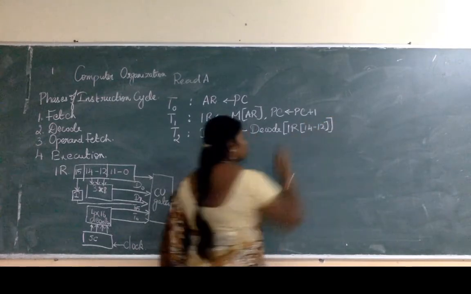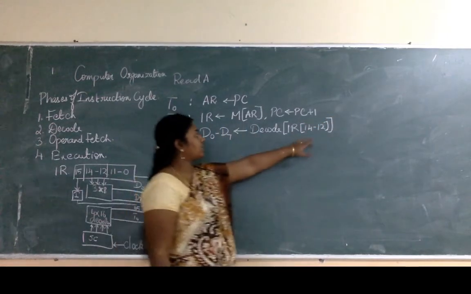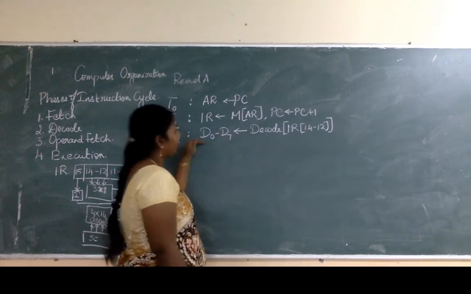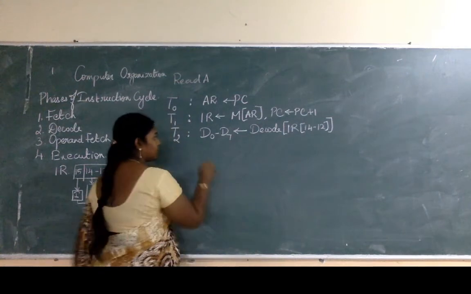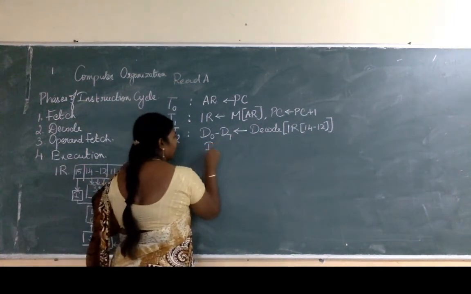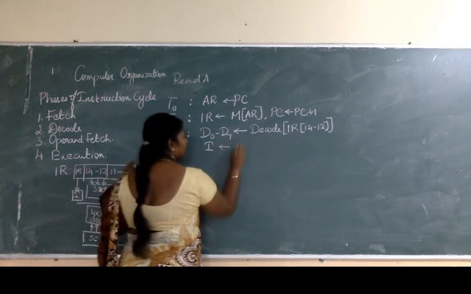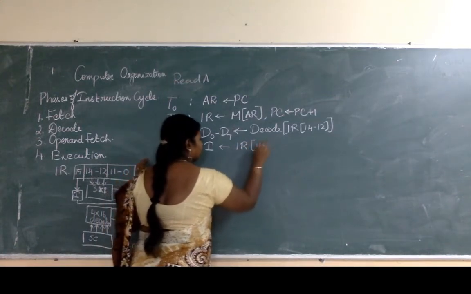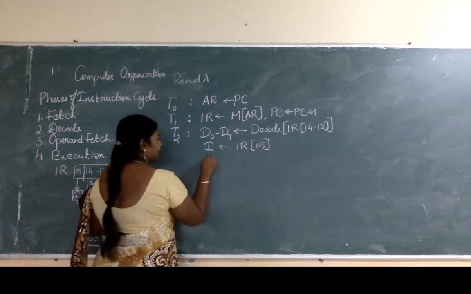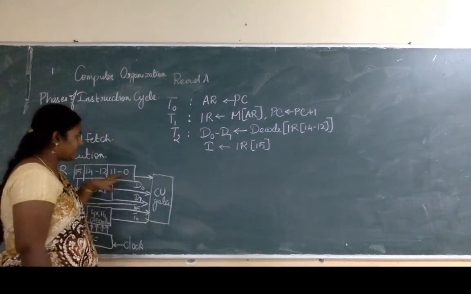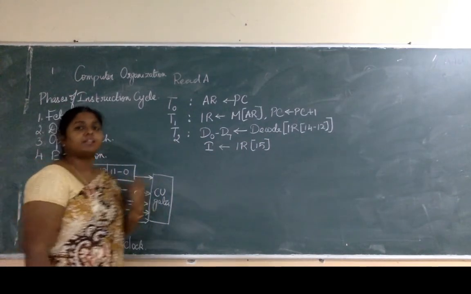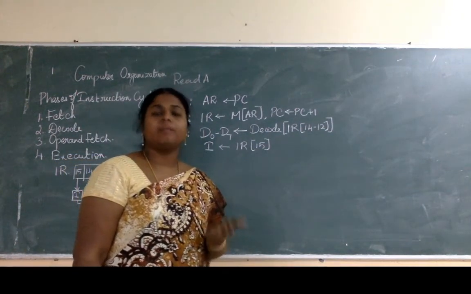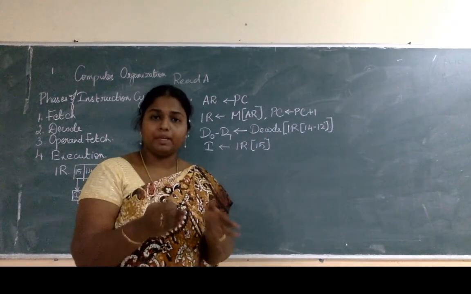This is how we form the signals D0 to D7. And what do we do with the rest of the instruction register? Into the I flip-flop, I move the 15th bit of the instruction register. And the address, bits 0 to 11, indicates the location where I can find the particular operand. So that indicates a memory location.